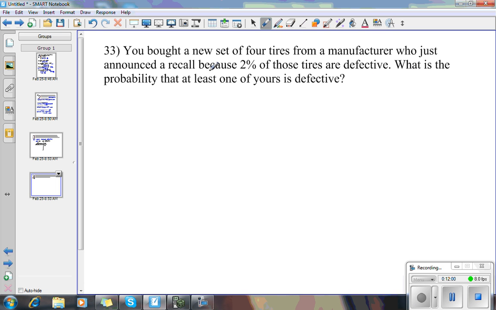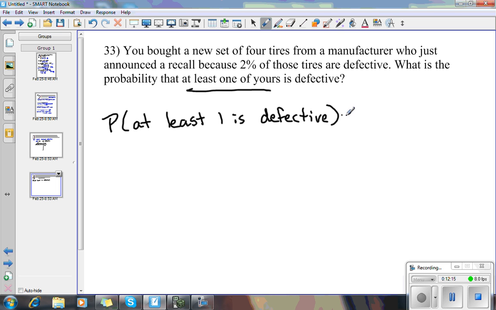So we want the probability that at least 1 is defective. The probability at least 1 is defective equals 1 minus the probability none are defective. So the probability none are defective means the first one's not, that's 0.98, the second one's not, the third one's not, and the fourth one's not.